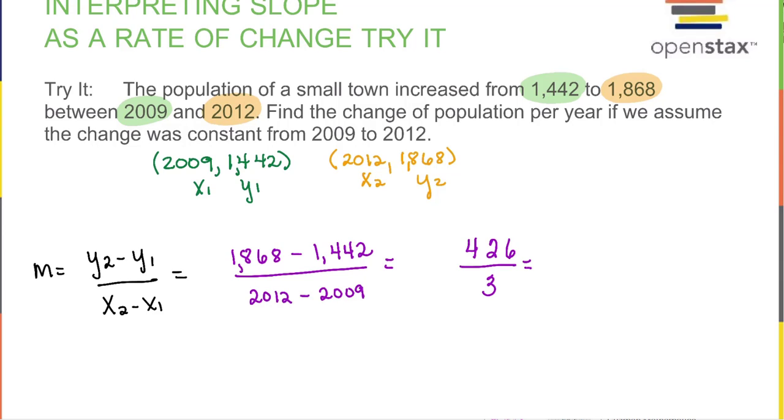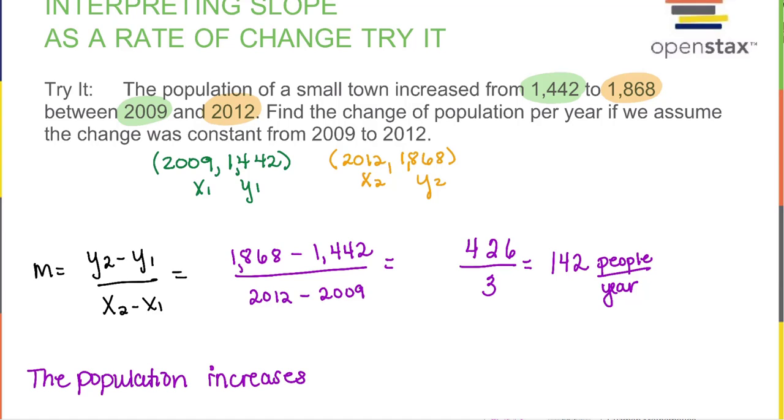And then when we divide that out, that is 142. That's people for the y, per year for the x. So the population increases, because it's got a positive slope, plus it says it increases. It increases 142 people per year.